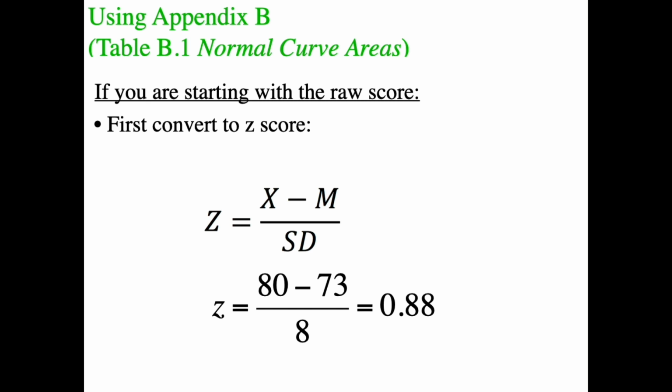So I've taken my score of 80, that was my X, subtracted the mean of 73, and divided by the standard deviation, which was 8. So I have 80 minus 73 over 8, or 7 over 8, and that gives me 0.88 as my z-score after converting my raw score of 80.